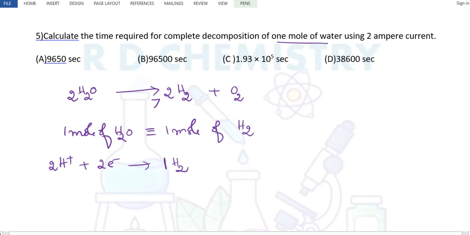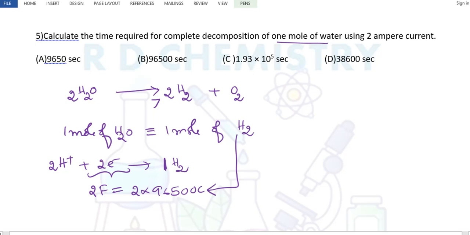To get 1 mole of hydrogen gas, how many Faradays are required? 2 Faradays required. 2 Faraday is equal to 2 into 96,500 coulombs. Therefore 1 mole of hydrogen is equal to 2 Faraday of electricity.